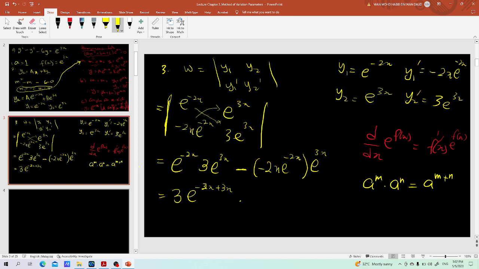And then here it is minus minus, so we have plus 2x, and this also gets multiplied. If the 3 is inside, it is different, we just multiply, but it's outside here.